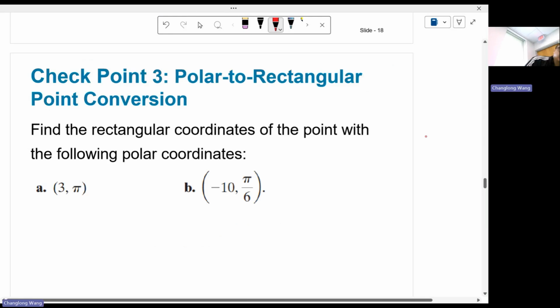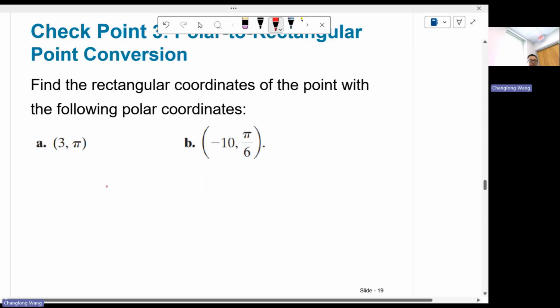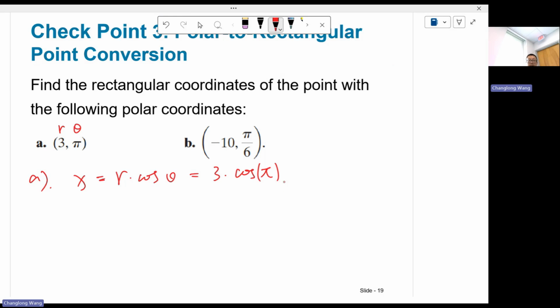Let's do the easy conversion. Going from polar to rectangular is super easy. All you have to do is calculate x using r times cosine theta. In this case, the first component is r, the second component is theta. So you have 3 times cosine pi. No need to memorize those special angles anymore. Use the calculator, but make sure it's in radian mode if you're seeing radian angles.